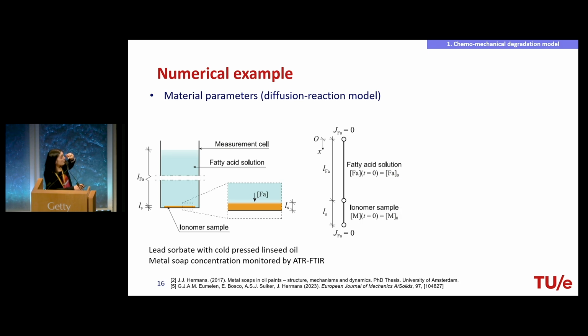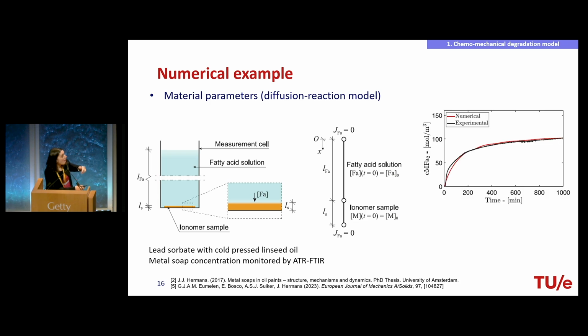The metal soap concentration was measured at the bottom of this measurement cell. So we translated our model into a one-dimensional model in which we have a region with only diffusion of fatty acids, where there is the fatty acid solution, and then a diffusion reaction model, which is the full model I described, in this other part.